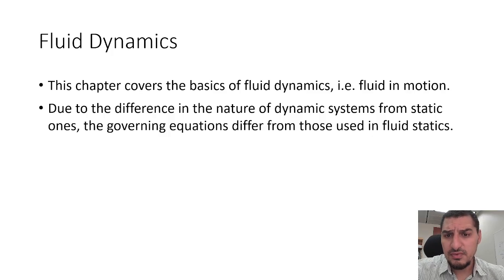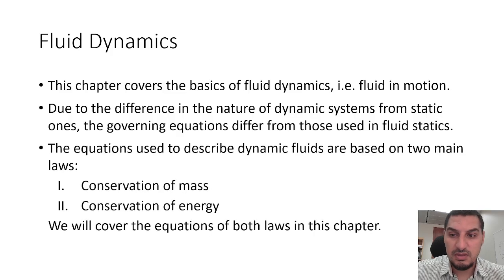This is a very big mistake, because you will be describing a system with equations that describe another system, which will definitely give wrong results. So you have to know well the nature of the system you are dealing with, and what the proper equations are for this system.